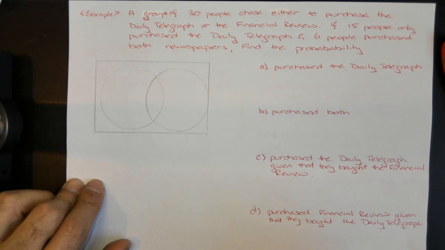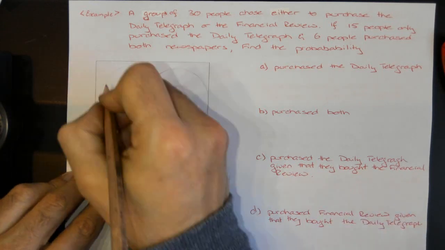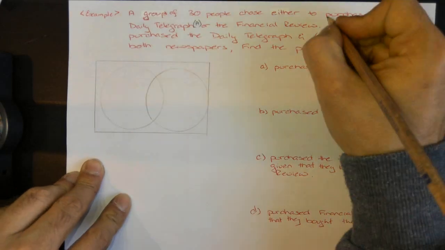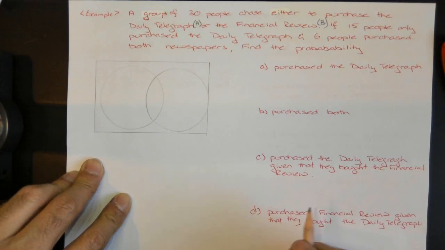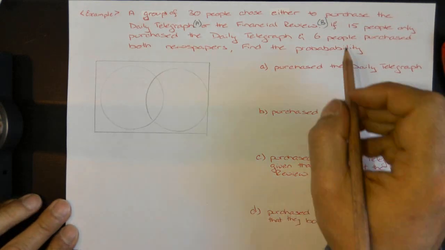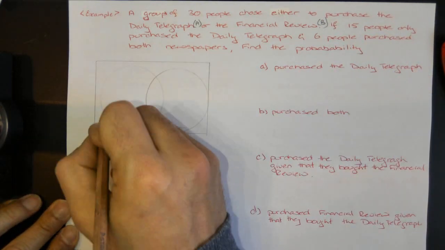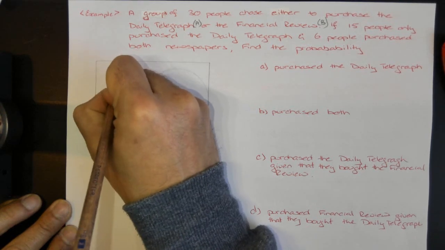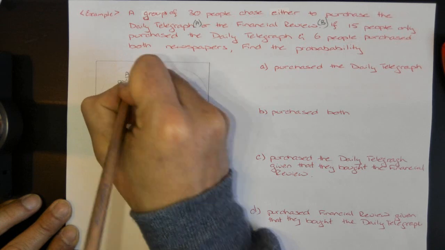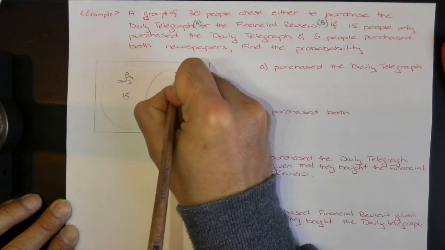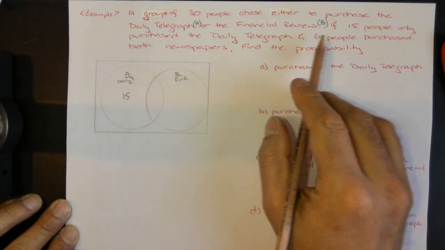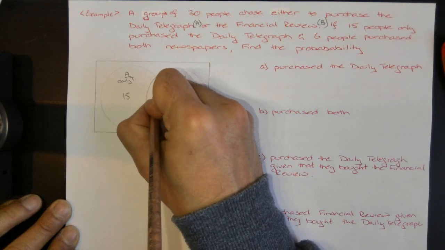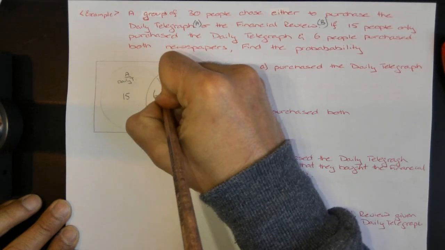A group of 30 people chose either to purchase the Daily Telegraph, let's call that event A, or the Financial Review, let's call that event B. If 15 people only purchased the Daily Telegraph, and 6 people purchased both newspapers, so that's the intersection.